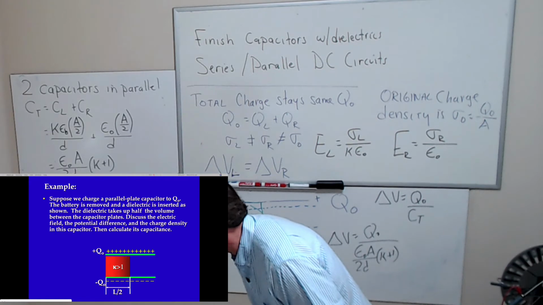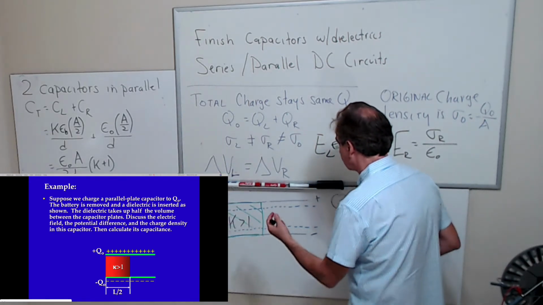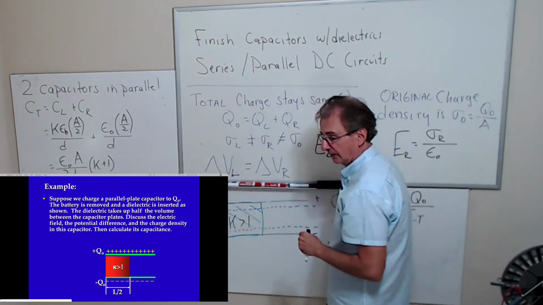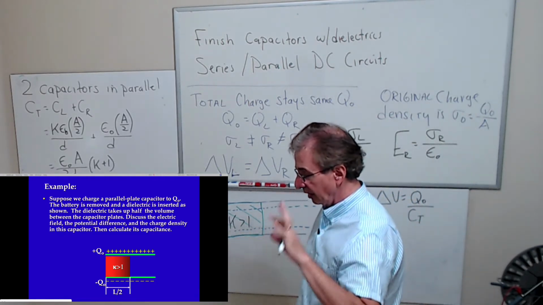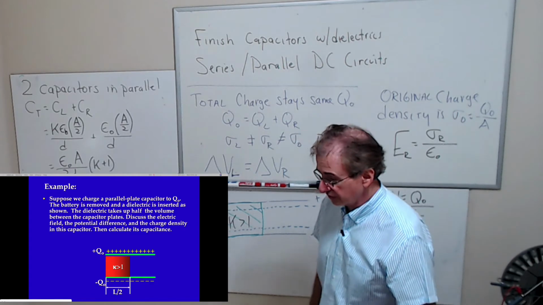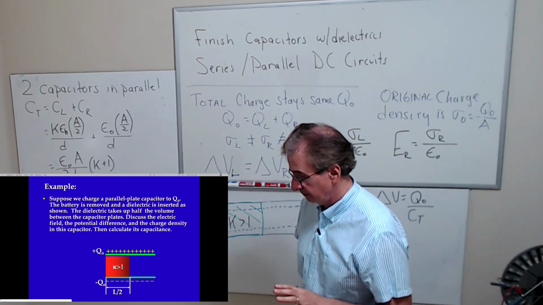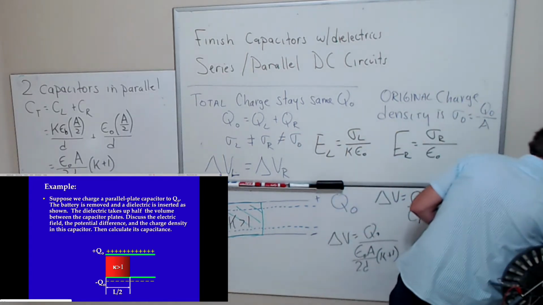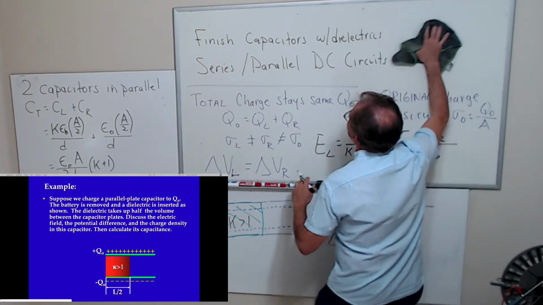Oh, question is, how do I know they're in parallel? Well, what I've established is the fact that the delta V's are the same. When two elements are connected in parallel, isn't it true that the potential difference is the same? All right, if I have two capacitors in parallel, and let me erase my objectives for today's lecture here.